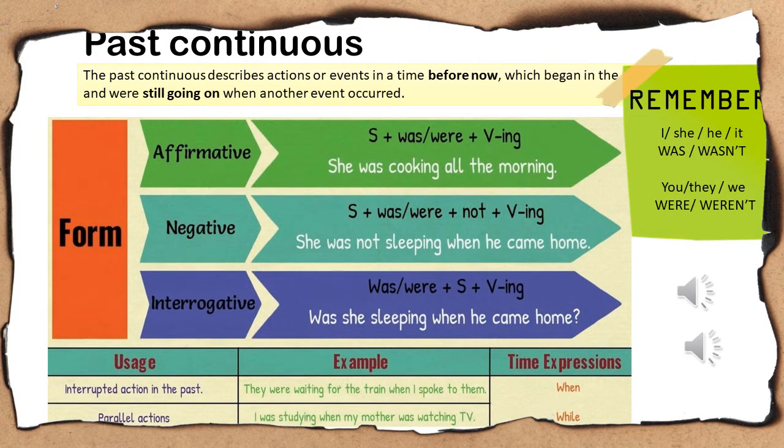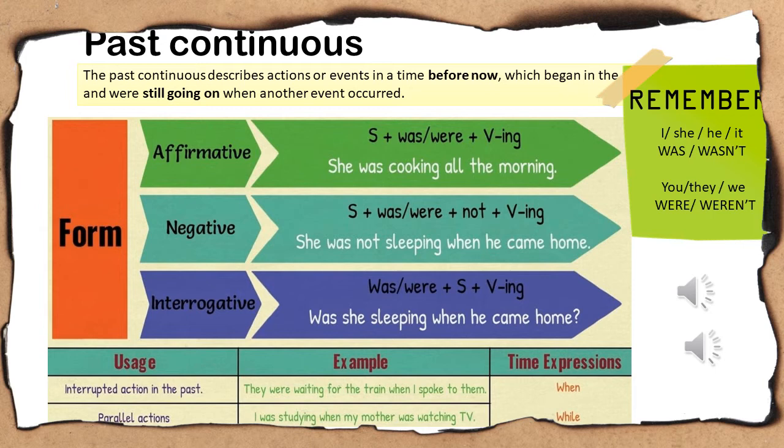Past continuous. The past continuous describes actions or events in a time before now which began in the past and were still going on when another event occurred. We have here the structure for affirmative, negative, and interrogative. Affirmative. First, we are going to write the subject plus was or were. It depends on the subject.